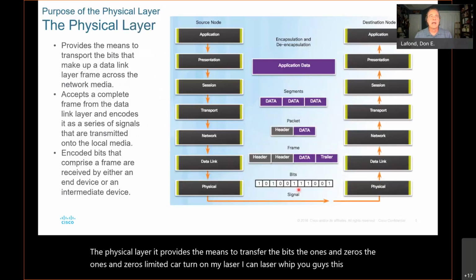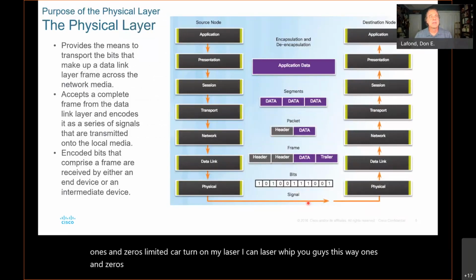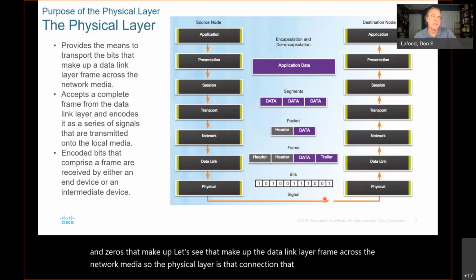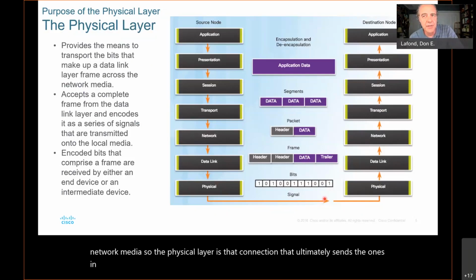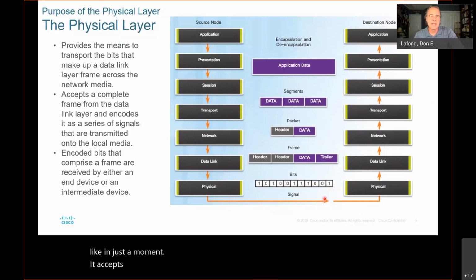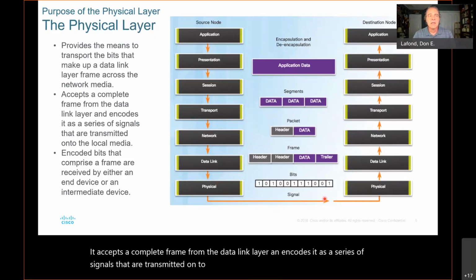Ones and zeros that make up the data link layer frame across the network media. So the physical layer is that connection that ultimately sends the ones and the zeros across the network. We'll talk about what those ones and zeros look like in just a moment. It accepts a complete frame from the data link layer and encodes it as a series of signals that are transmitted onto the local media.